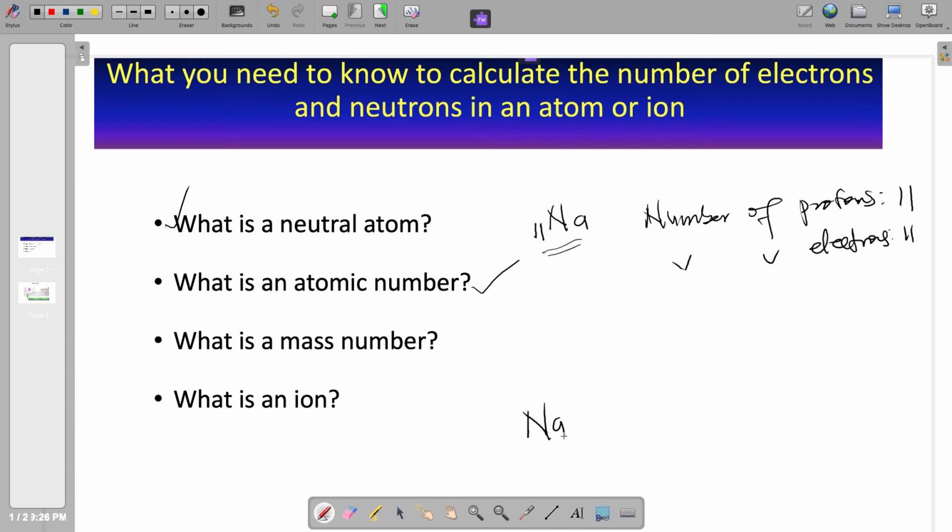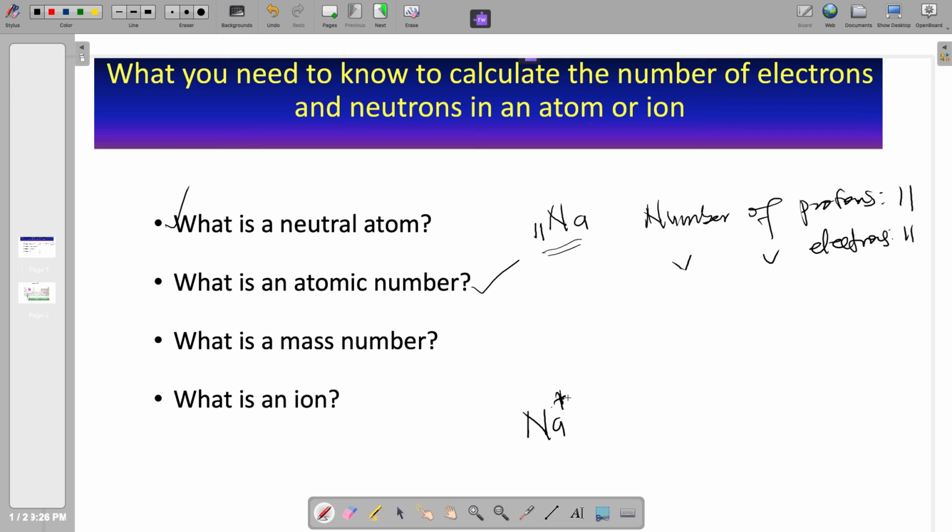So as a result, your sodium will become positively charged because it has lost one electron. To indicate this one electron loss, we'll write a charge attached to our sodium. We'll say 1 plus. But usually when just one electron is lost, we don't include a 1. We just put a sign there. So we just have sodium plus, meaning sodium has lost one electron.